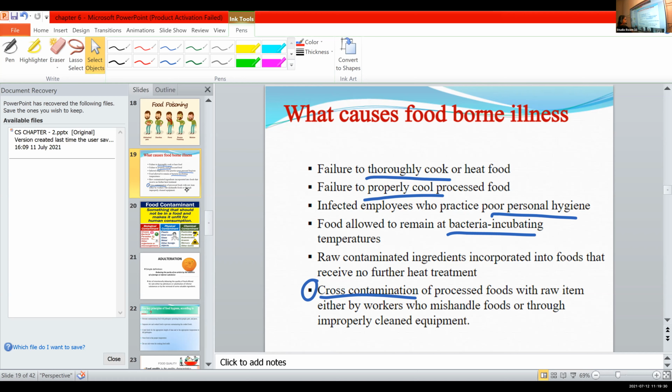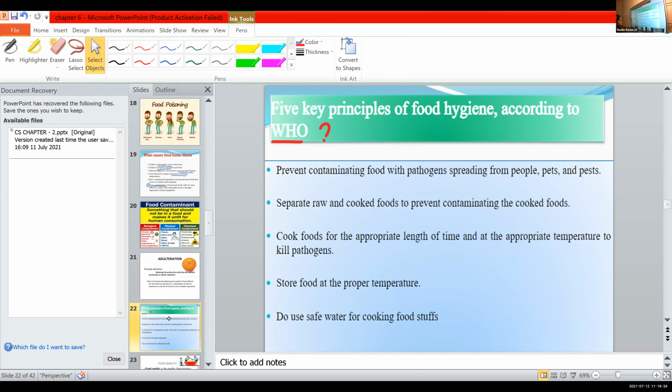Reina? I'm changing, okay. Sana, read the slide. Contaminating food with pathogens can be spread by people, pets, and pests. Separate raw and cooked foods to prevent contaminating the cooked foods.